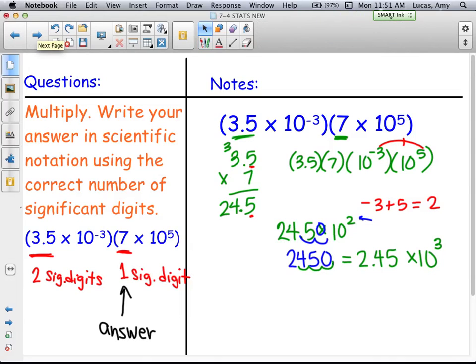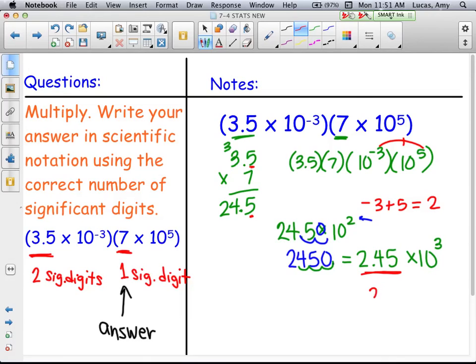Now, taking into account the significant digits piece, because you will sometimes have problems where they specify your answer has to have the correct number of significant digits. So this decimal has 3 significant digits, but I know that my answer is only allowed to have 1. So 2.45, I need to ask myself, is it closer to 2 or closer to 3? It's closer to 2.